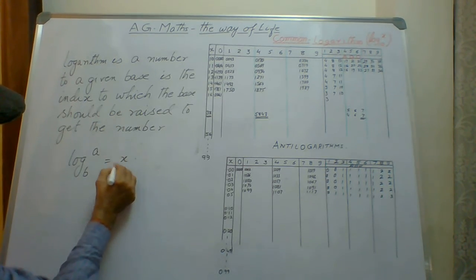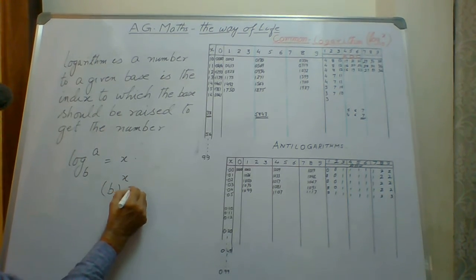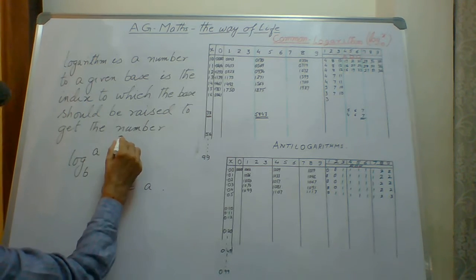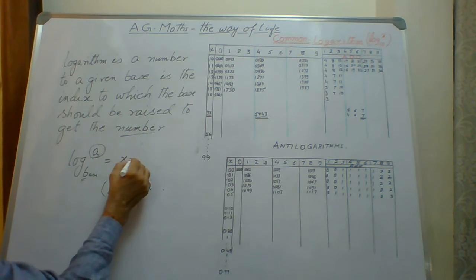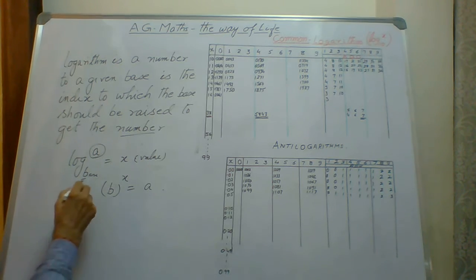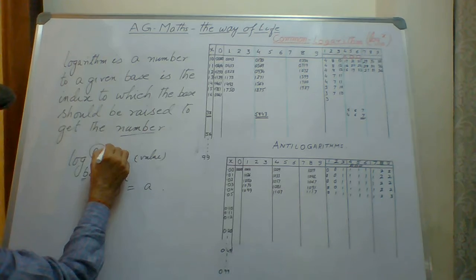This base should be raised to this index, and that is equal to the number. This number was a here. Base is this, this is called the base and this is the value. So the base is raised to this value x to get the number a.